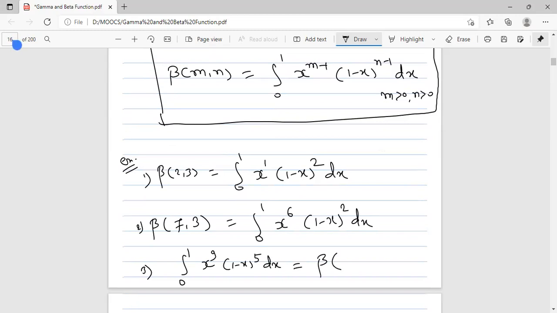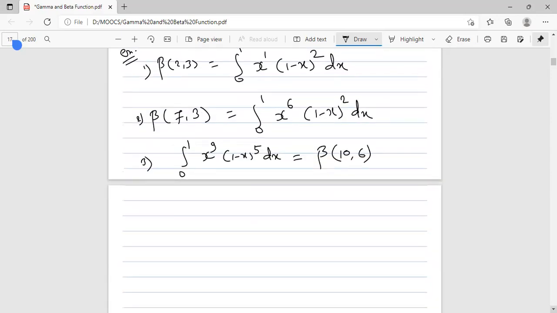Surely you can write this in terms of beta, this is beta 10 6. But how to find the value of this beta 10 6? We will come towards this point also.